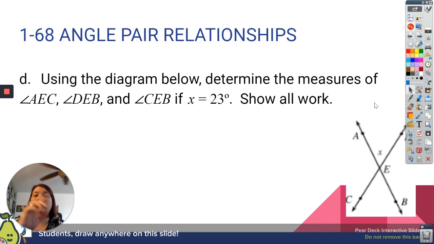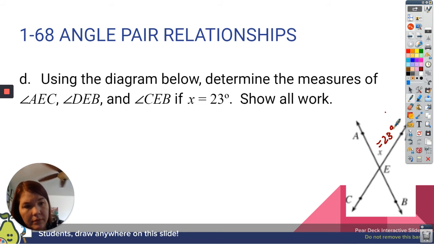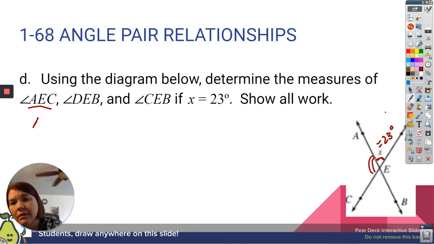Using the diagram below, determine the measures of three different angles if X is 23. So X is 23, and X and this angle add up to 180. So that's AEC. The measure of angle AEC plus X equals 180.